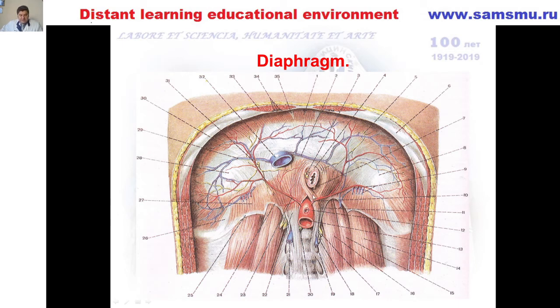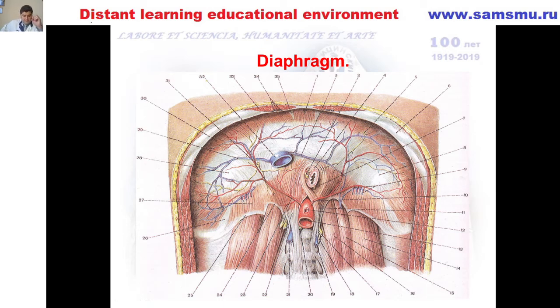Both crura originate by means of a long tendon from the anterior surface of the bodies of the first to fourth lumbar vertebrae, and the left crus arises from two lumbar vertebrae.